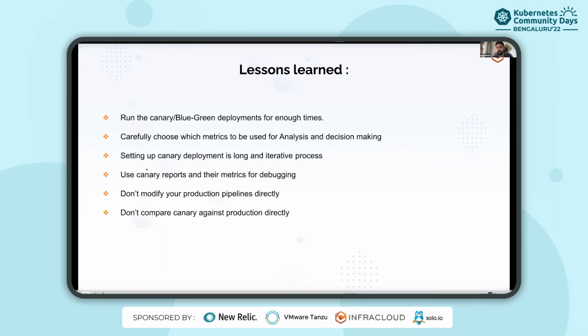It would always be an iterative process, as the overall DevOps process is. Start small and then go progressively, improving more. That's how I would suggest using any kind of deployment strategy. Needless to say, don't directly try it in production. Start doing these things in staging and then go to production.